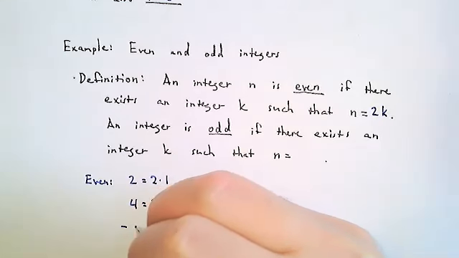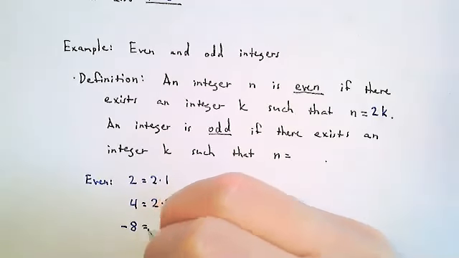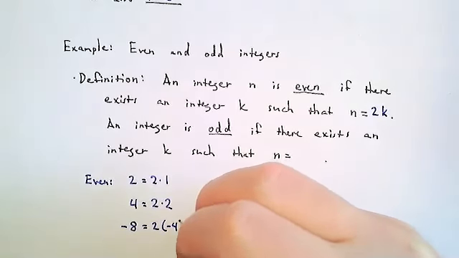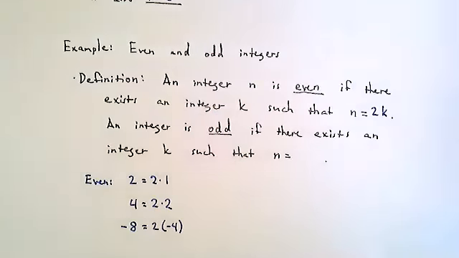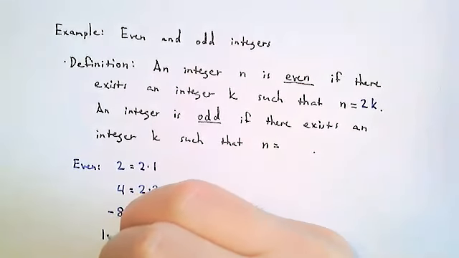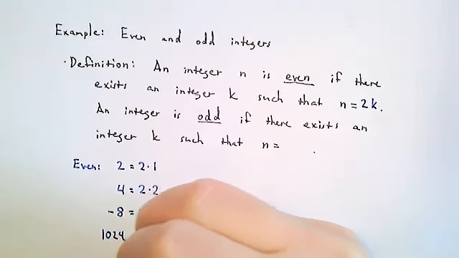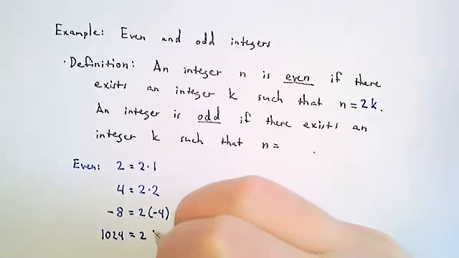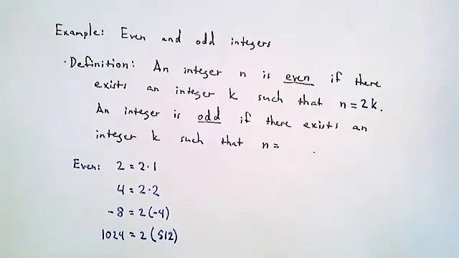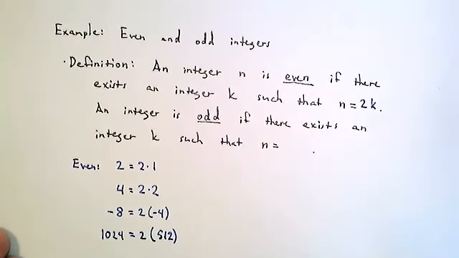But this also works for negative numbers, like minus 8 is 2 times minus 4. Or larger numbers, 1024 is equal to 2 times 512. Okay, so hopefully this idea is very familiar to you guys.